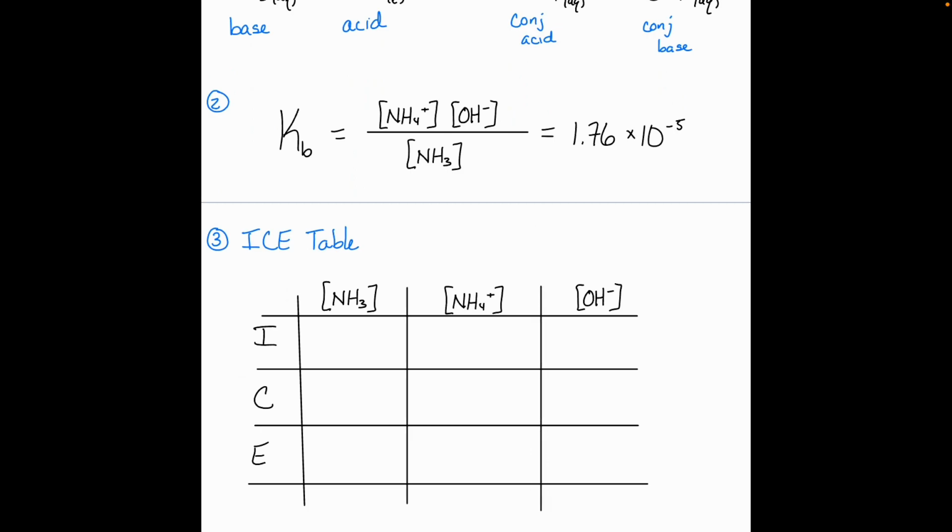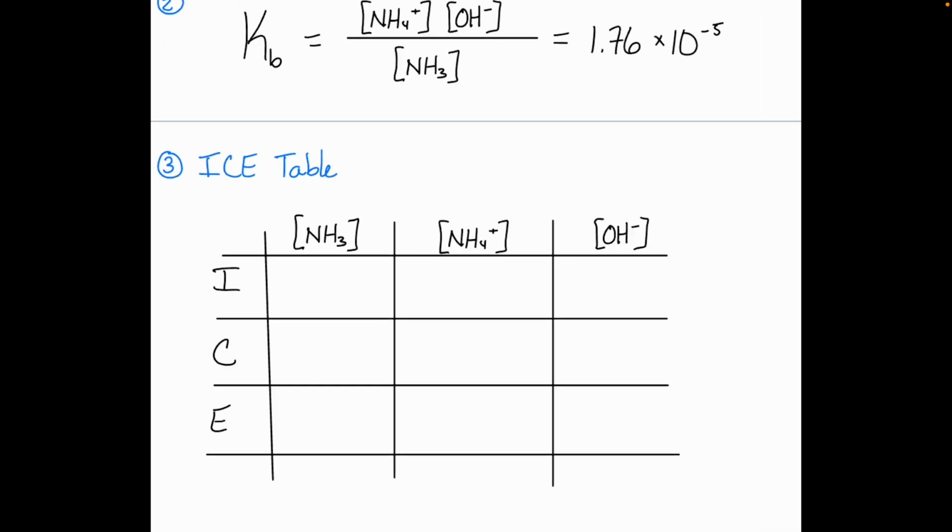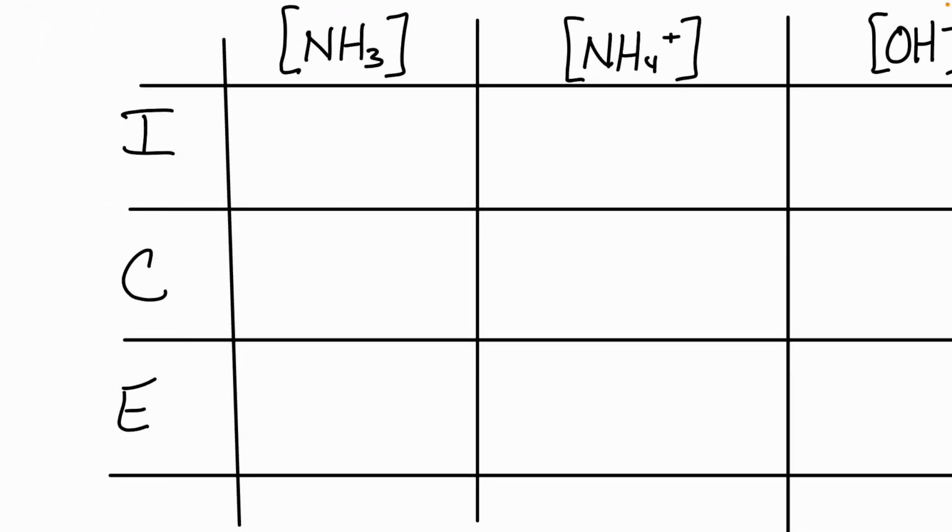All right, so we have the concentration of all those components from our Kb expression. And we have on these columns the ice part. And so let's just remind ourselves what this stands for, because it's been a minute. This would be the initial amount. In this case, we're talking concentration, so the initial concentration. C is the change that we see as this approaches equilibrium.